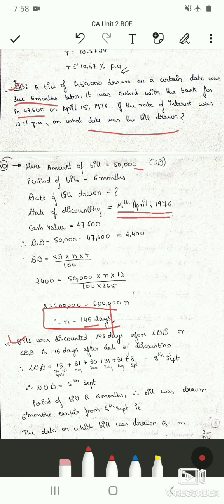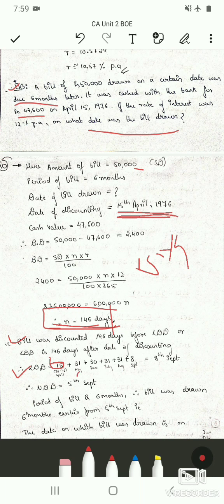Now we have date of discounting, we have number of days, then first we can find out legal due date. So what is that? So here first we will start. The date of discounting is 15th April, and then April has 30 days. So 15 days is gone. So the next 15 days you have to calculate, right? So it is 15.